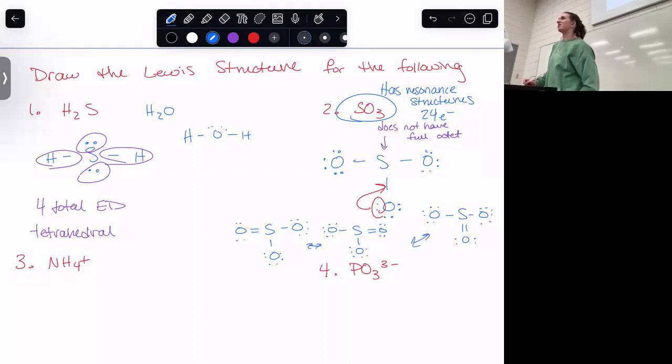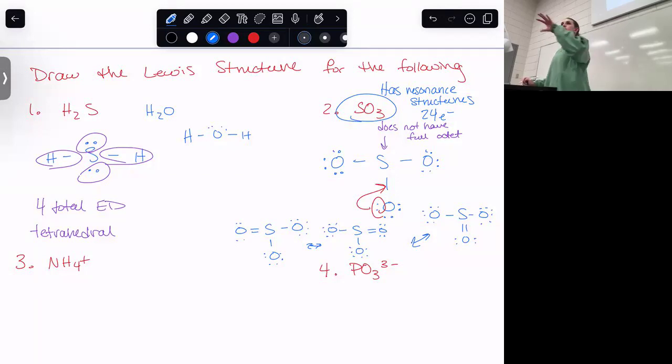What would we expect our length to be for the bonds of all of these? So I guess, do we expect to see a double bond? What do we have to do if we have resonance structures?